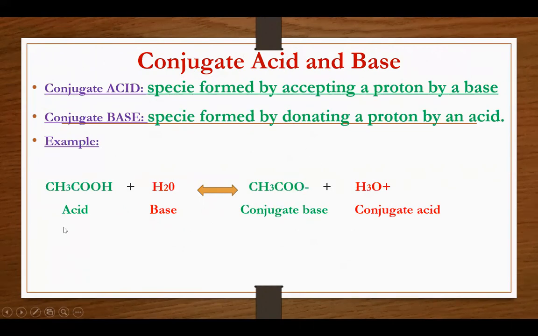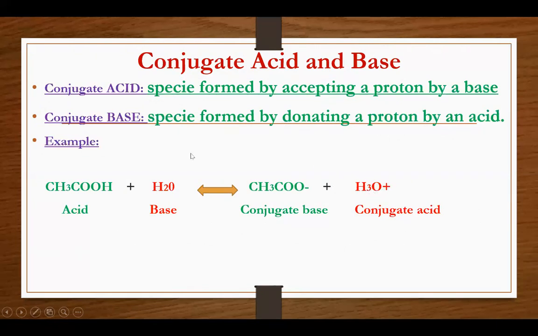You can see that CH3COOH as acid has lost its proton and converted into CH3COO- or acetate anion, which is called conjugate base. While talking about water, H2O, water here is acting as a base. How? Because water accepts the proton and converts into hydronium ion H3O+.